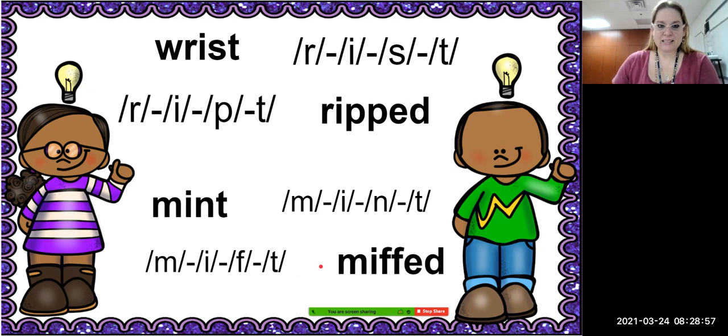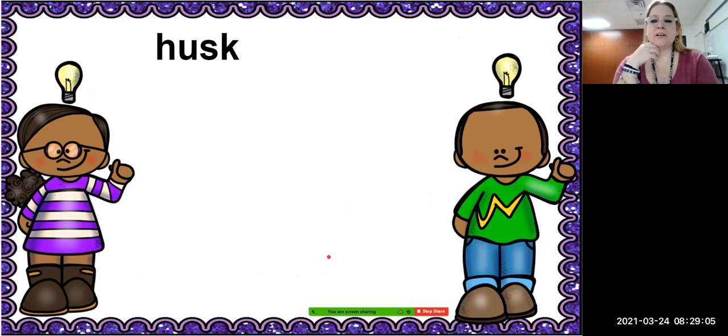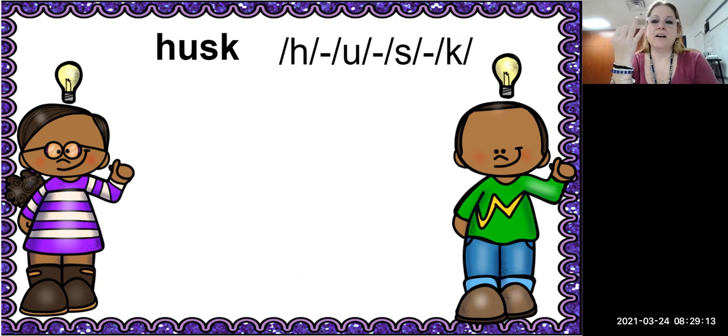All right. Next sentence. We removed the husk from the corn. Husk. How many sounds do you hear in the word husk? Right, there's 4 sounds. We have usk, usk. Good. What is the blend? What 2 sounds make the blend in that word?